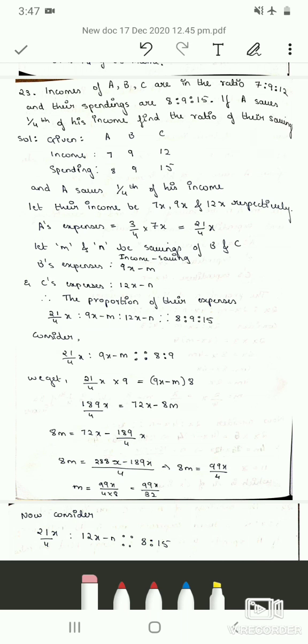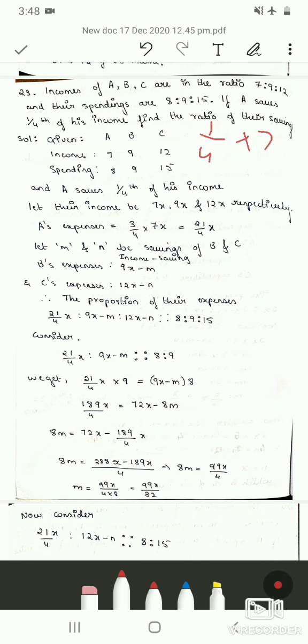So you can solve it even how we had solved in the previous problem. That is, first find out 1/4 of his income, which is nothing but 1/4 of 7, which is 7/4, and then you have to subtract it.